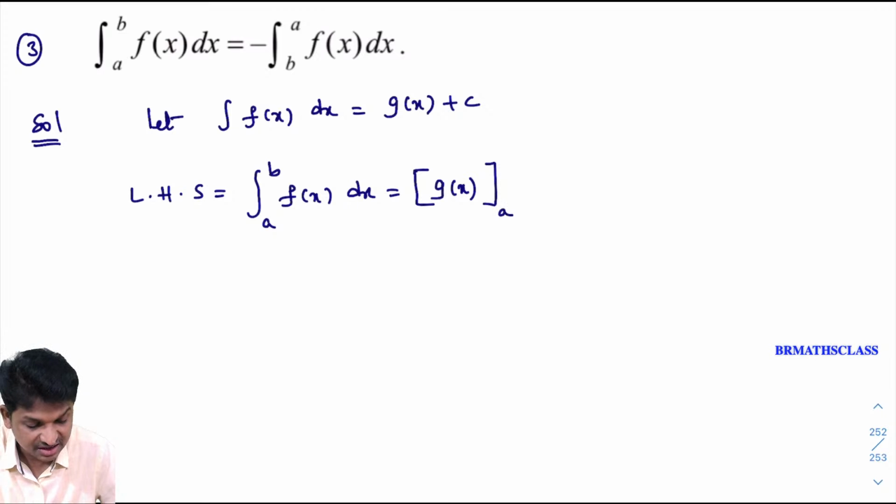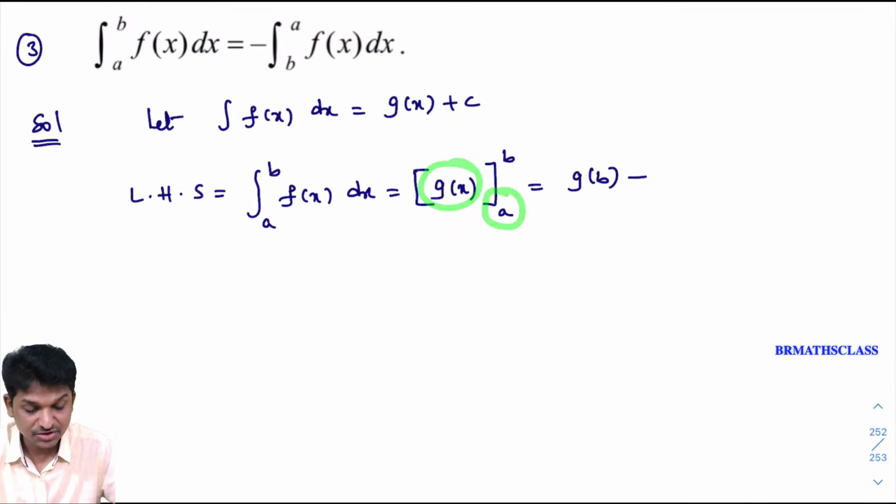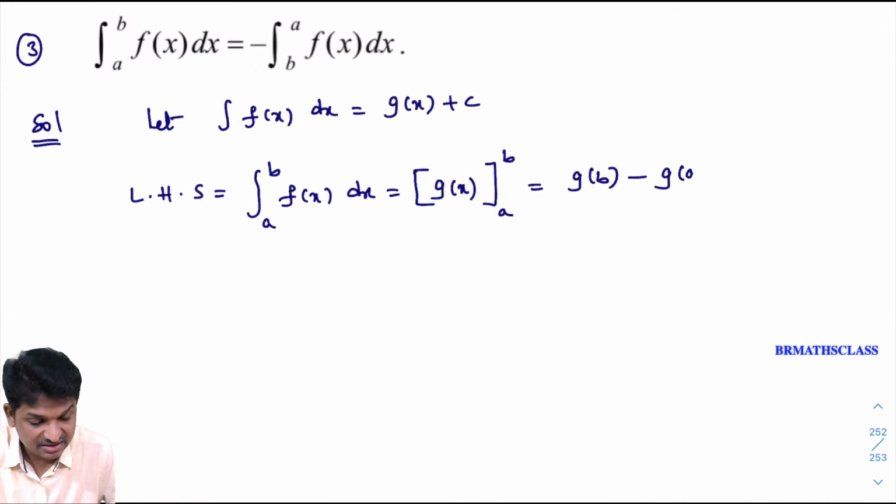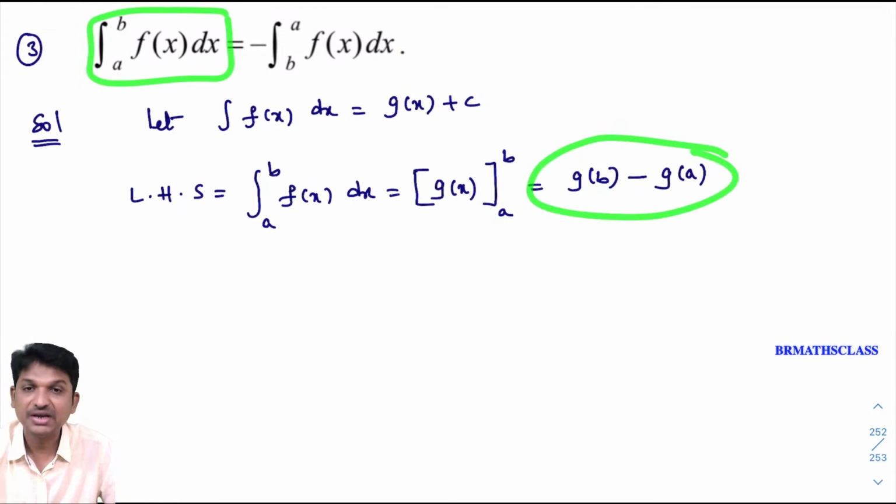What are the limits? A, b. Upper limit, in this wherever x is there, there you write b. What you will get? G of b minus, in this wherever x is there, there you write lower limit a, g of a. So when I calculate this LHS, I got g of b minus g of a.